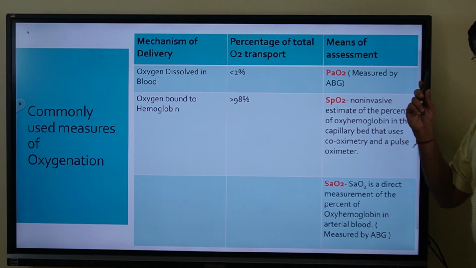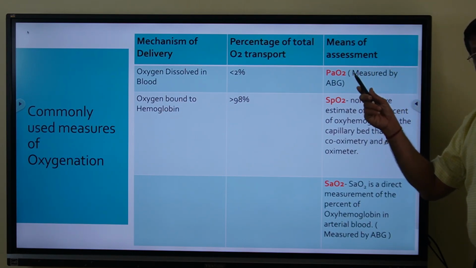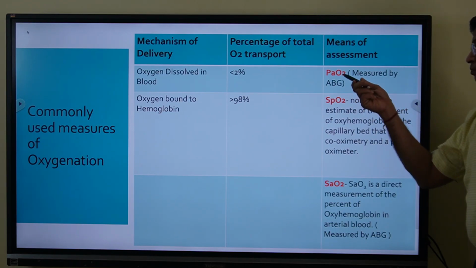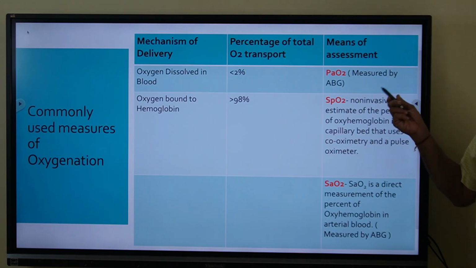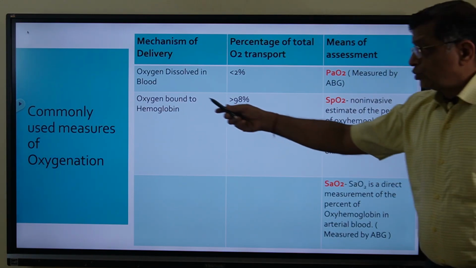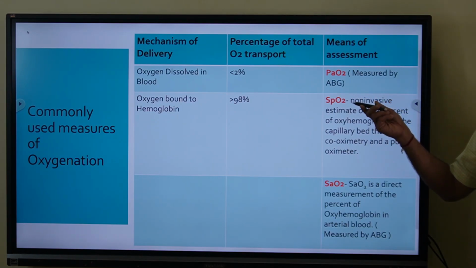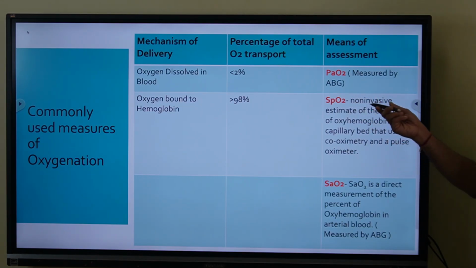Small a stands for arterial blood, while large A, as we'll see later on, stands for alveolus. So this is partial pressure of oxygen in arterial blood. This is measured in ABG. And oxygen bound to hemoglobin, we can measure in a non-invasive way in the form of SpO2.